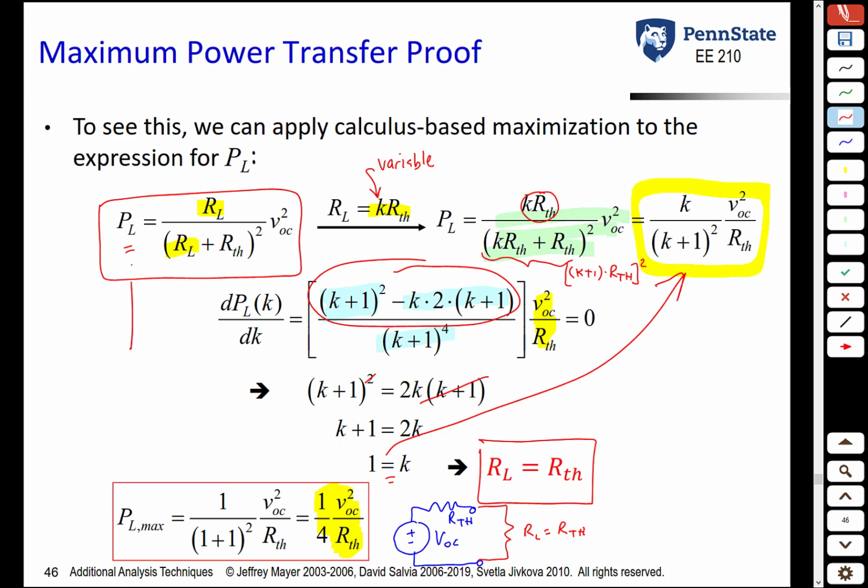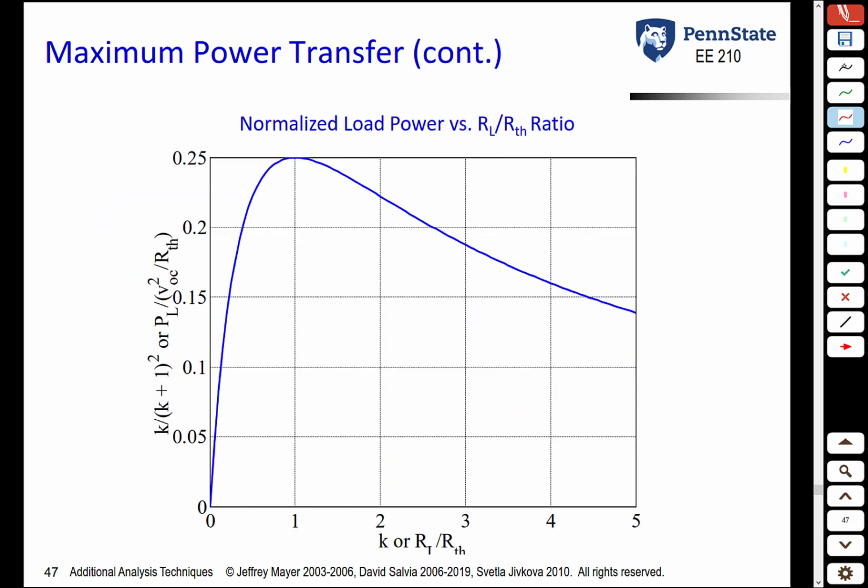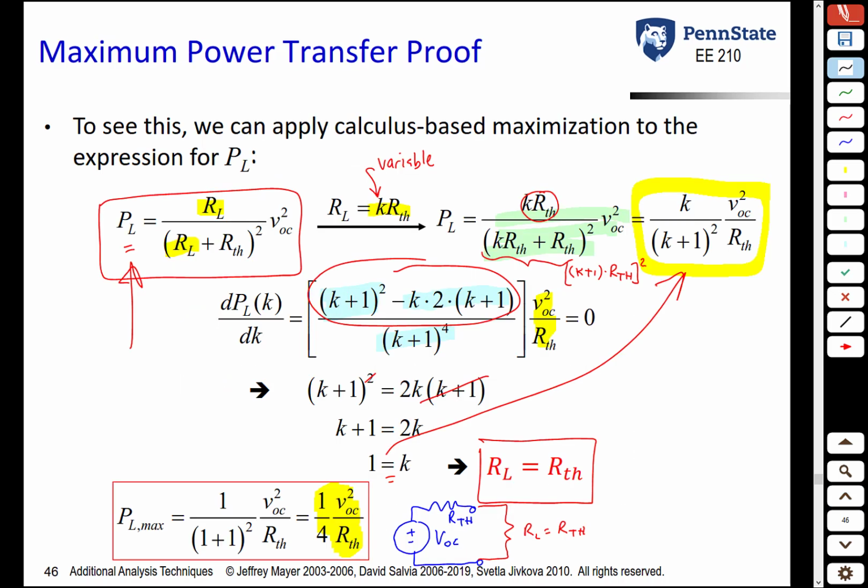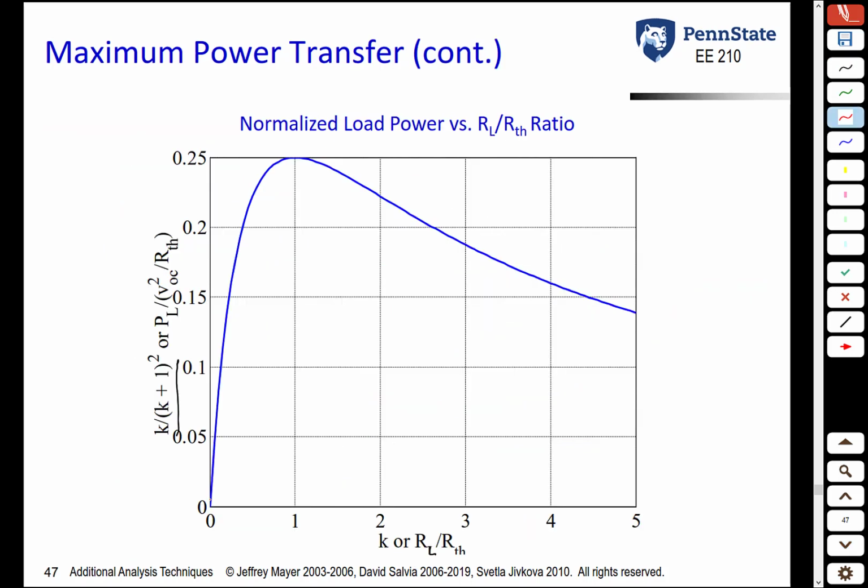If we were to plot this expression as a function of K, we get this thing here. So on the x-axis we have K, which is nothing more than the ratio of R load to R Thevenin. And on the y-axis we're plotting K over K plus 1 squared, which is a normalized value of the load power. Remember, the load power is K over K plus 1 squared times VOC squared over R Thevenin. What we see is that for very low values of K, the power absorbed is going to be low.